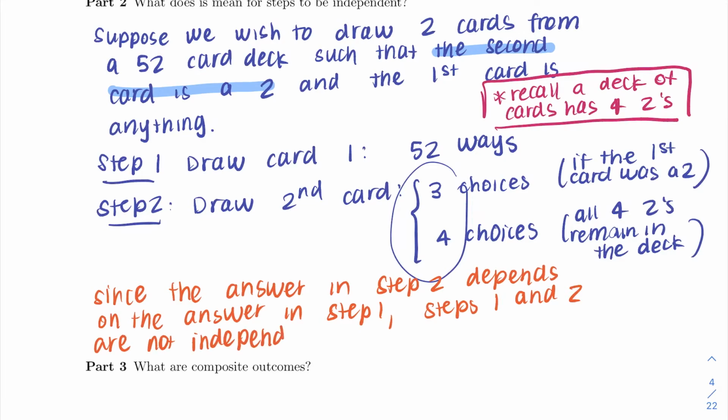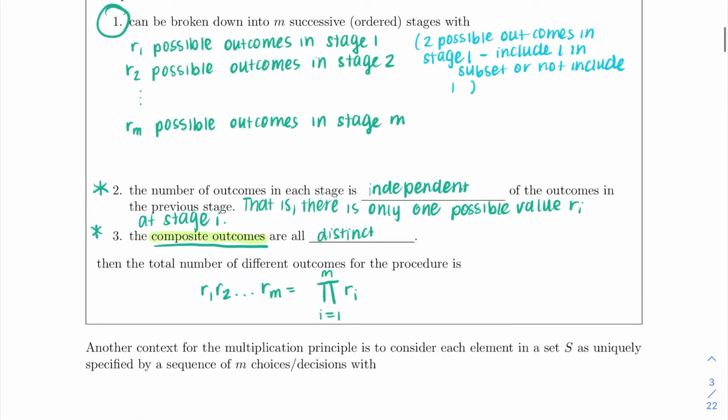And it's not that I haven't got to consider step 1. If the only possible answer was a 4, I still would have had to consider step 1. That's fine. You can still have to consider step 1 and step 2. The important part is I can't have these 2 different answers, which is why we phrase this, there is only one possible value, Ri, at stage i.